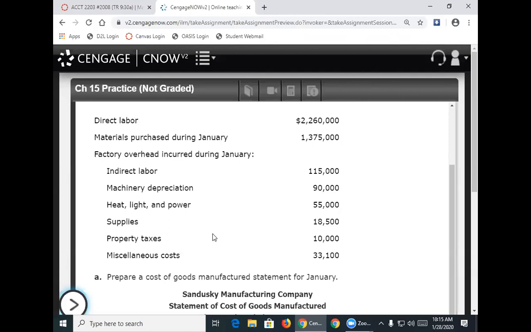So we added up all of these debits here and subtracted out our ending balance. So 4,035,000. Everyone see how we got that?